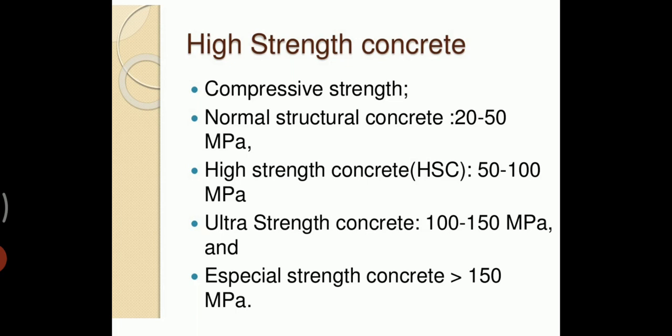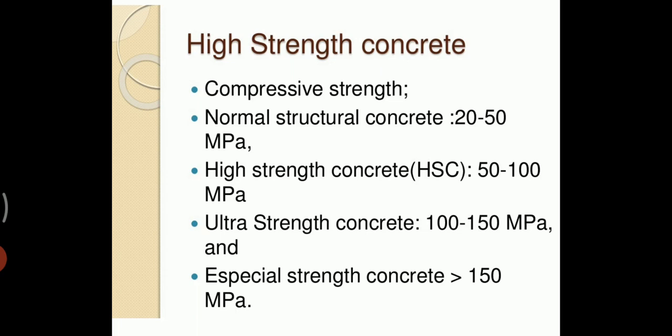So what is high strength concrete? Before that, based on the compressive strength, we can classify the normal structural concrete, which has a strength of 20 to 50 Newton per mm squared. If a concrete is said to be high strength concrete, the range of compressive strength varies from 50 to 100 Newton per mm squared or 100 MPa.